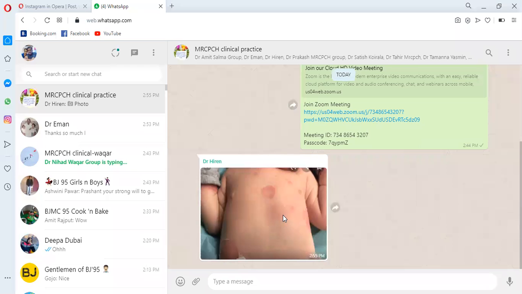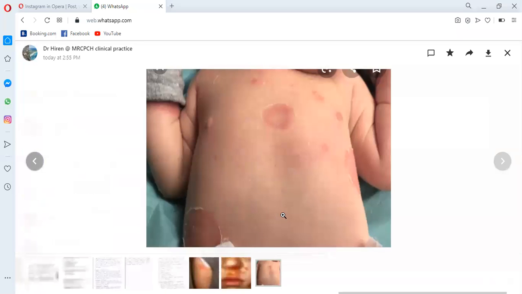Okay. So, what additional history would you like to obtain? The mother said there is a fever, and how long ago these skin changes started.